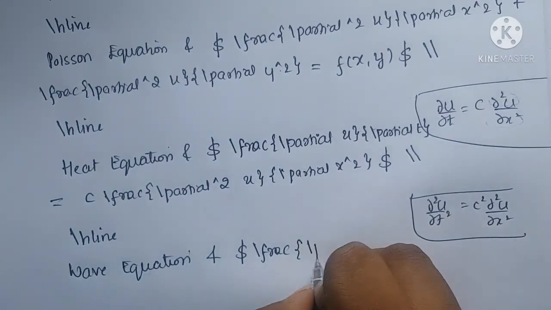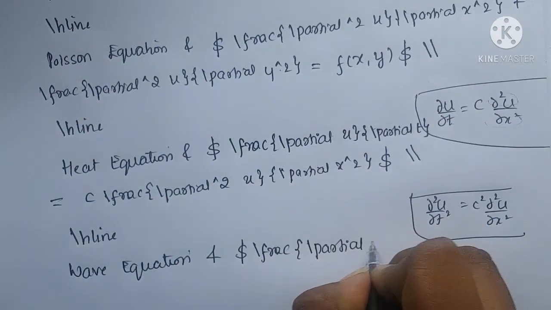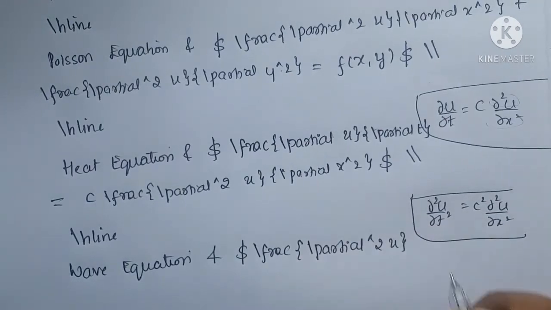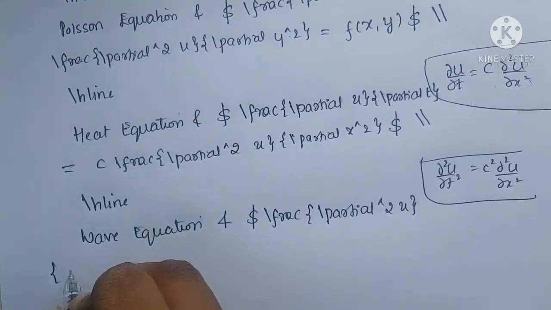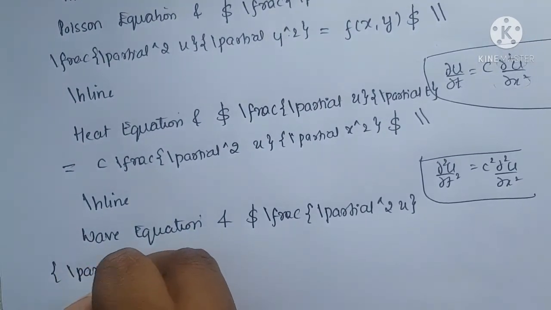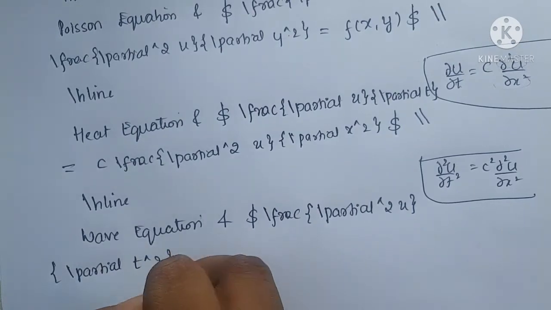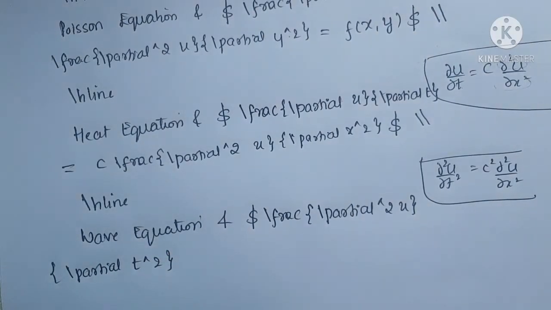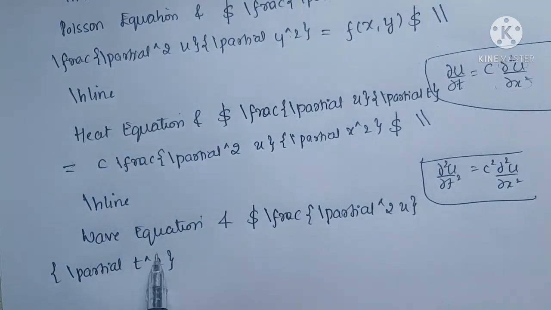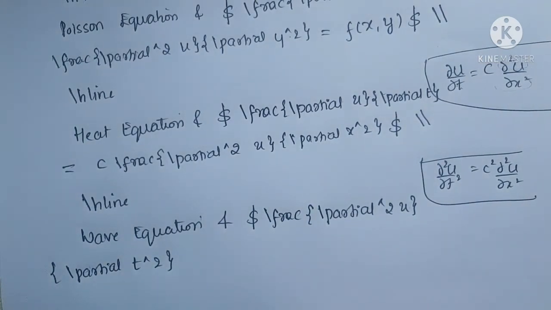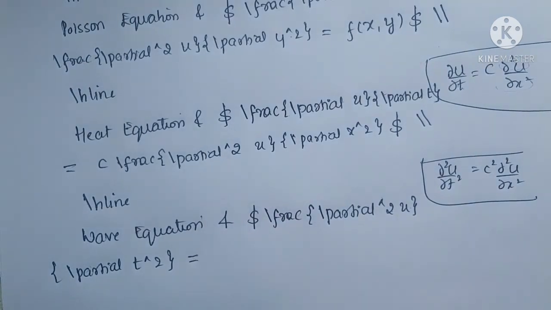Dou square u, that means backslash partial^2 u. What is denominator? Dou t square, backslash partial t^2. So we have done with LHS. Fraction of dou square u by dou t square. LHS is done. Move on to RHS.